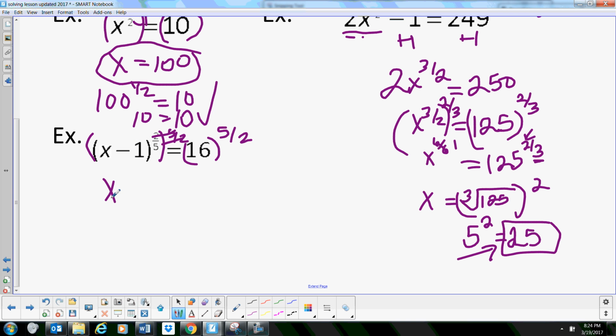So we have x minus 1 is equal to, well, we're going to take the square root of 16, and that's 4. And then 4 to the 5th power. Let's see, what is 4 to the 5th? I don't know that off the top of my head.